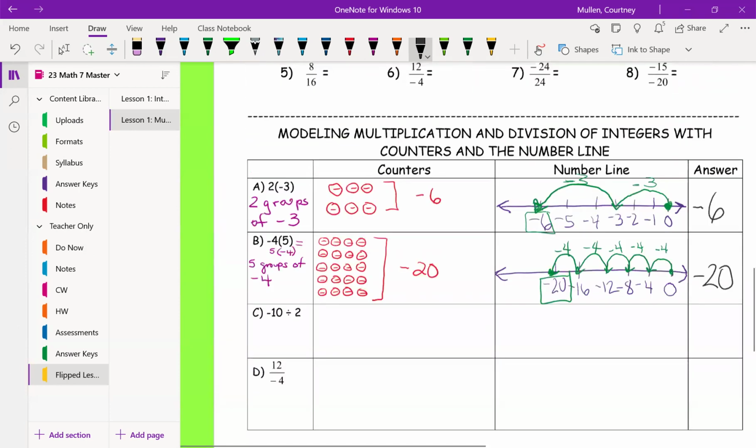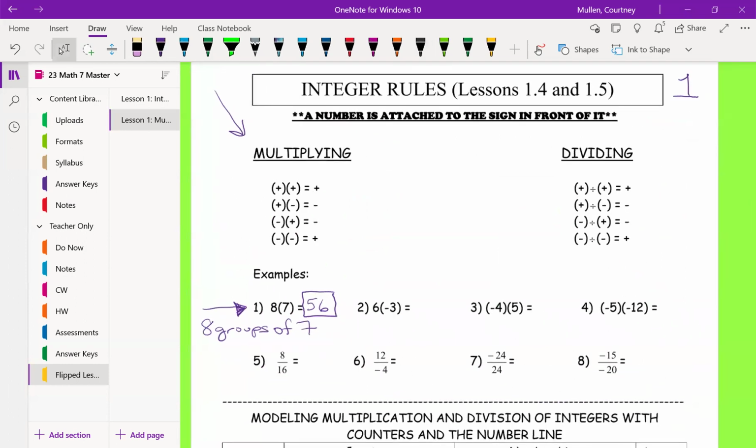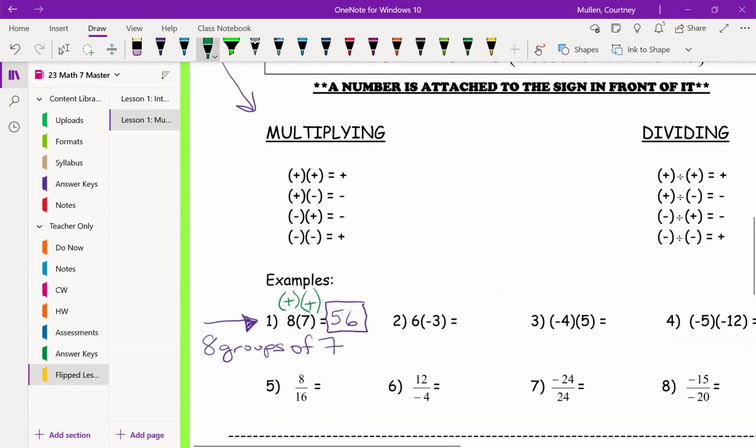So if you go back to this page here with integer rules, we already did example 1, a positive times a positive. Let's go ahead and label those. So we have a +8 times a +7 gets us a +56. Number 2, what's the sign on the 6? Well, numbers are attached to the sign in front of them.